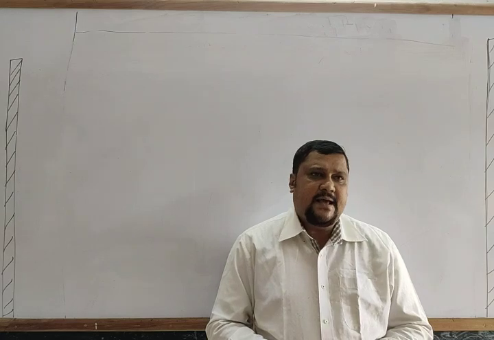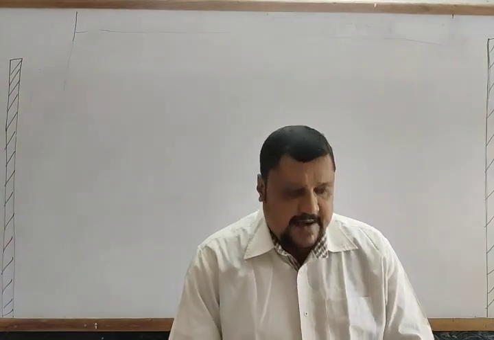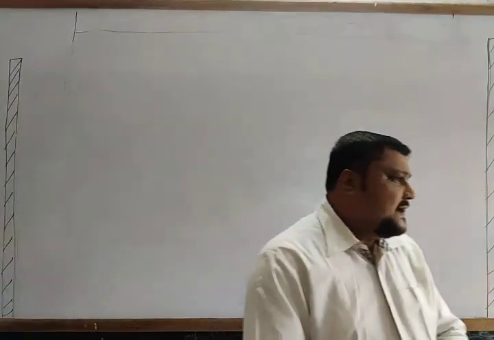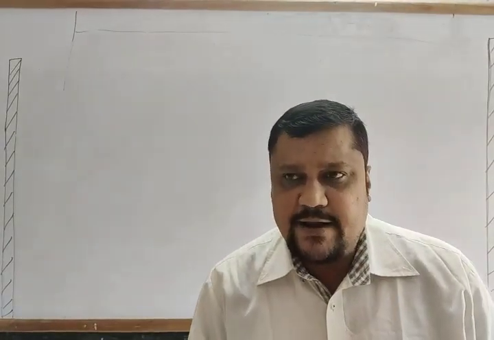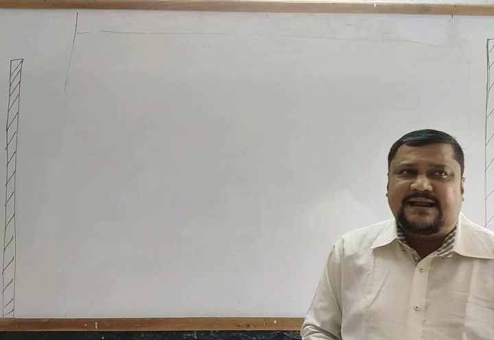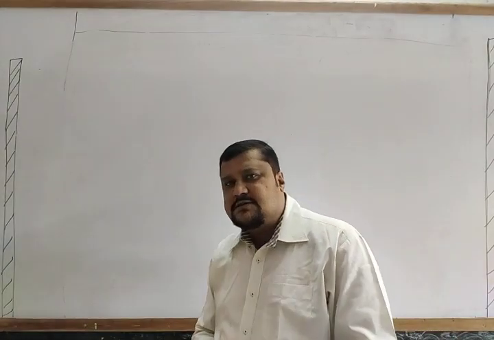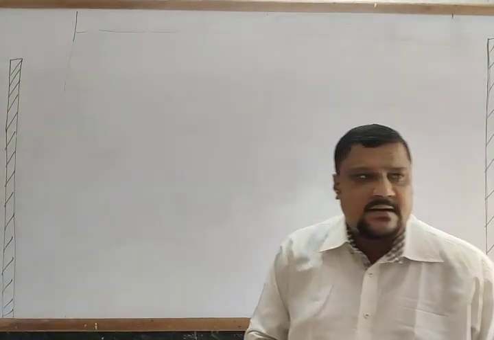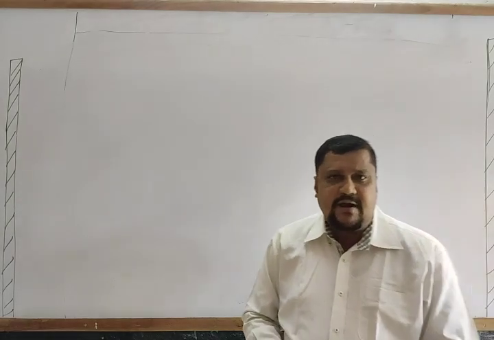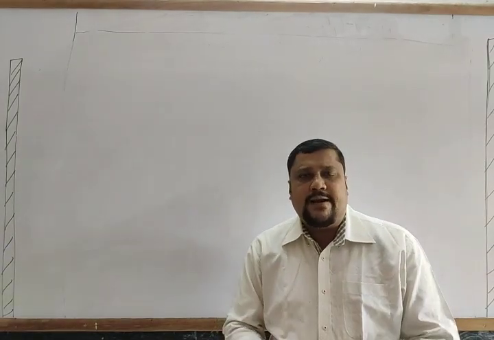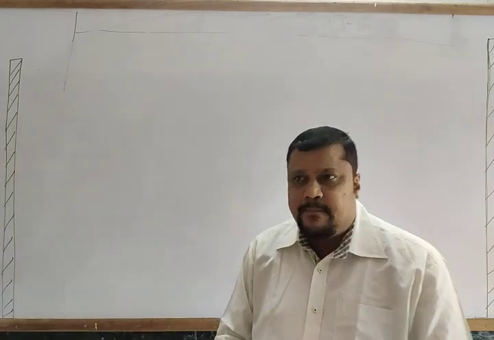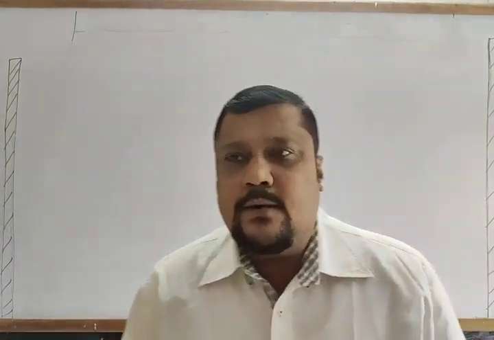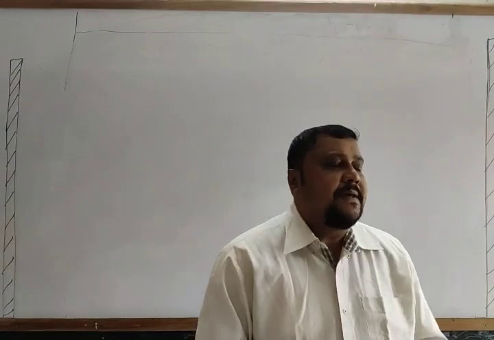As I told in the last video, SI is the advanced system of units, and in the SI system we use 7 basic fundamental physical quantities and their units, and in addition to that, two supplementary units.